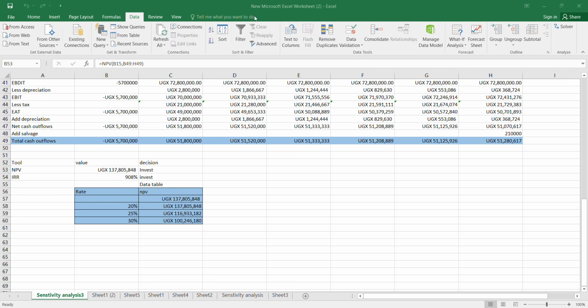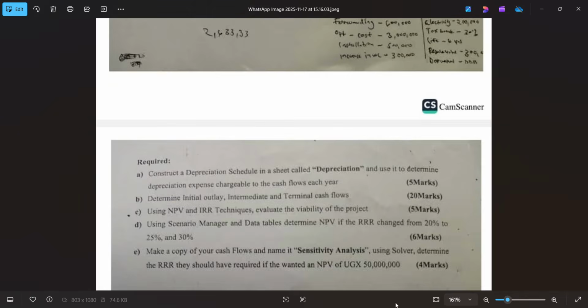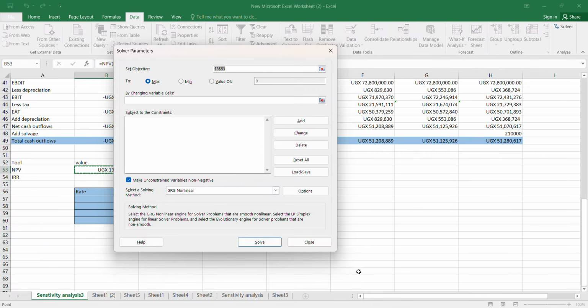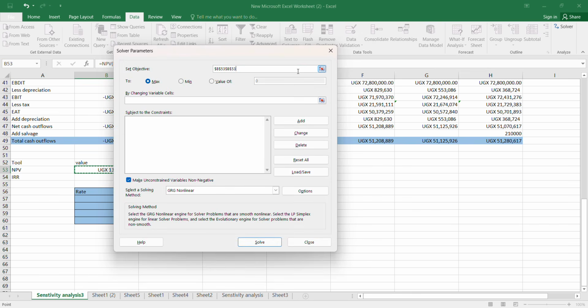Okay, so we shall come to our data tab. We go to solver. In solver it will ask us to set the objective, which column we want to set. As the question told us, if you want the NPV of 50 million, so we click here and select the NPV.